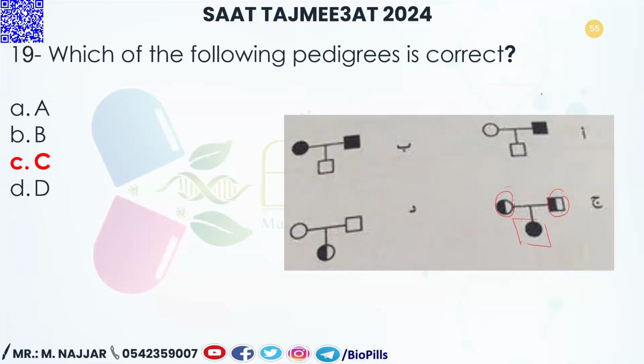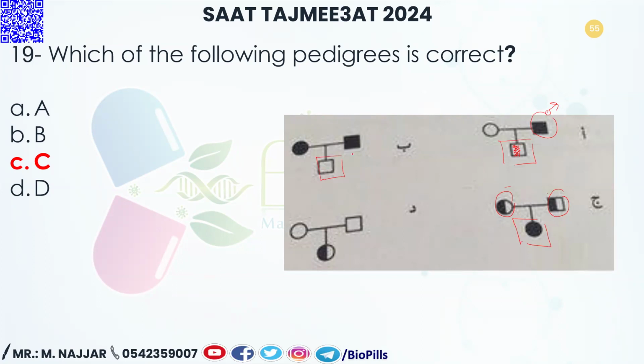Yes. While in A, this male is affected, but the female is not affected. And of course, the son will take half of the genetic information from the mother and half from the father. So this should be carrier. And here both of them are affected, and the baby son is not affected.